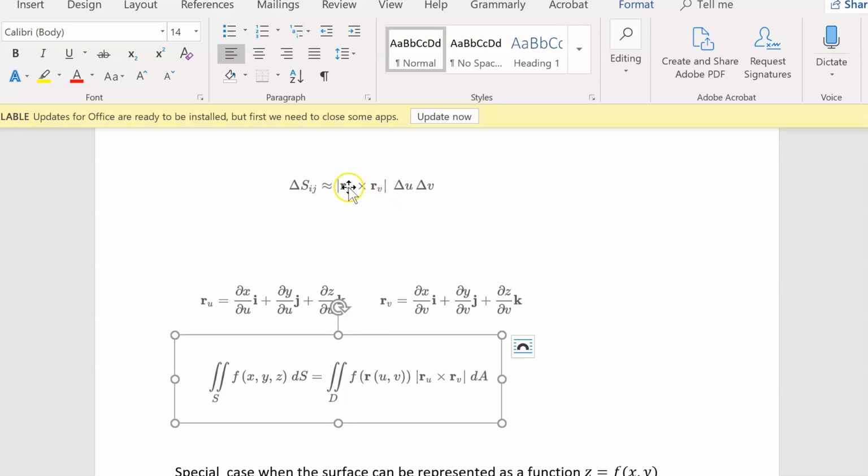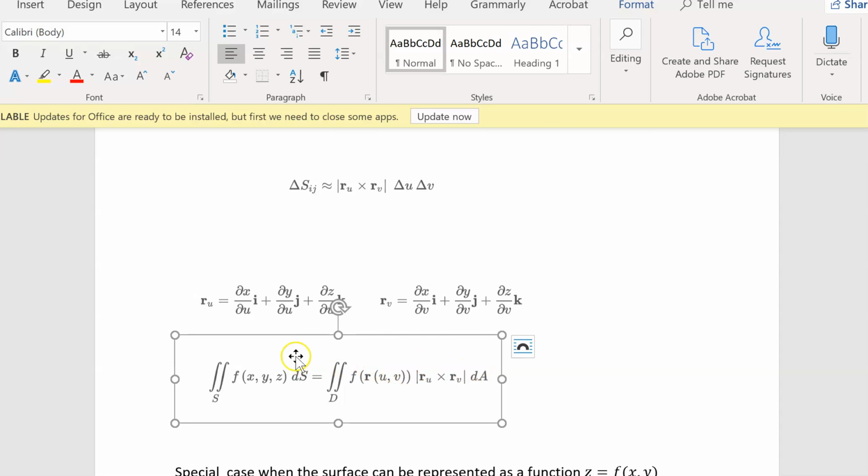We take the cross product and the magnitude of that, and we take du dv, and that gives you the area of that parallelogram, and that replaces this dS, and then really this is what we get. Okay, and so this is the formula.